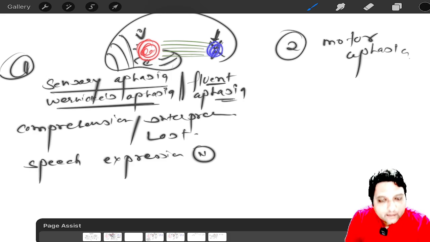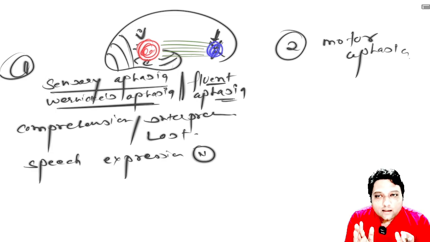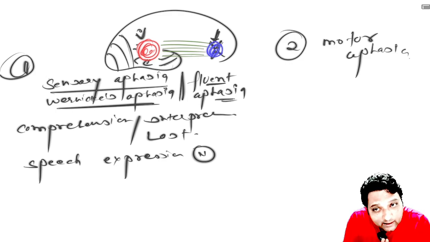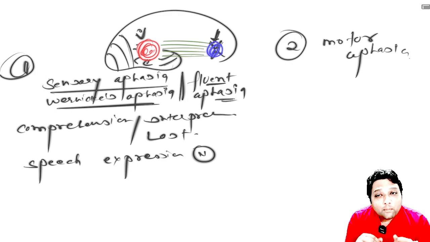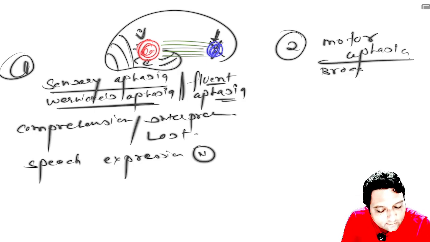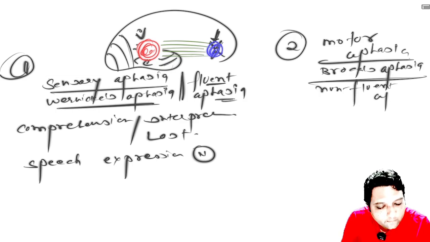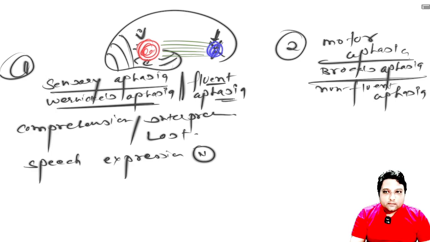So what happened in this patient? The patient understands and comprehends visual information and understands auditory information, but the patient cannot express well. So this aphasia is also called Broca's aphasia, or non-fluent aphasia. Okay.